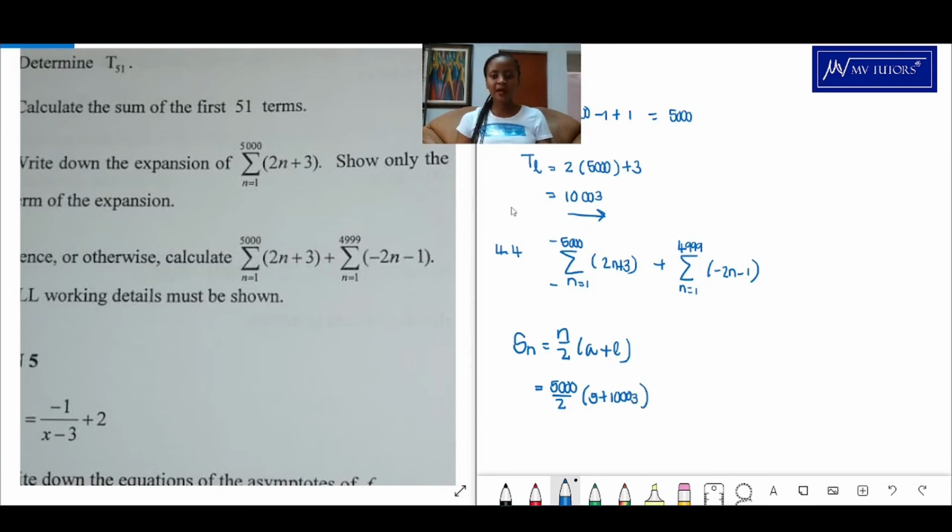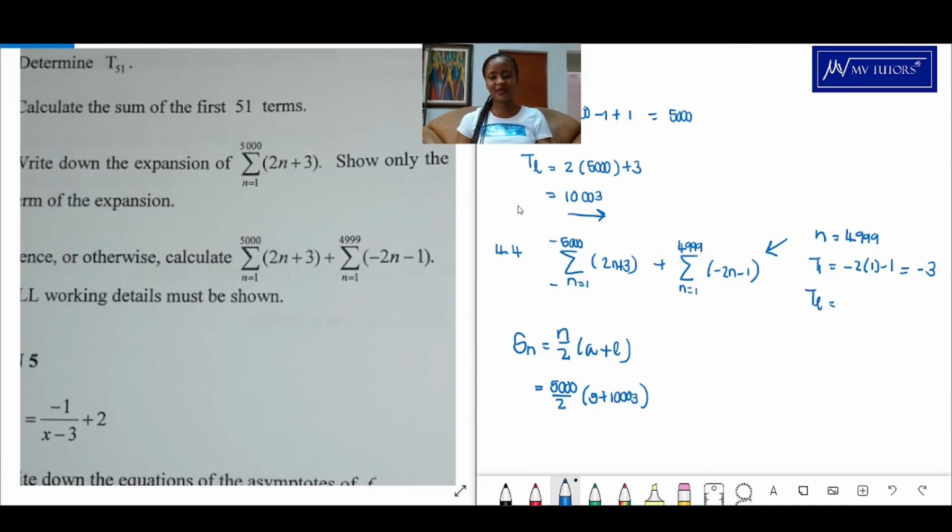But now we need to know how many terms we have for this sigma notation. So the number of terms, again, 4,999 plus 1 minus 1 will give me 4,999. And what is the first term? If I take negative 2 times 1, negative 1, so that's basically negative 3. And what is the last term?